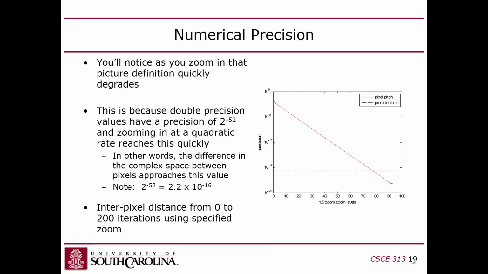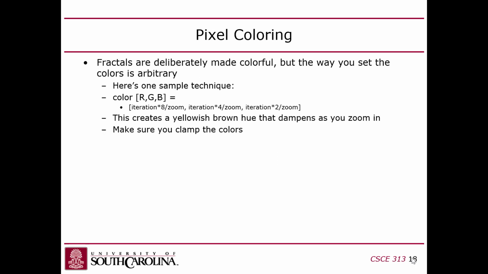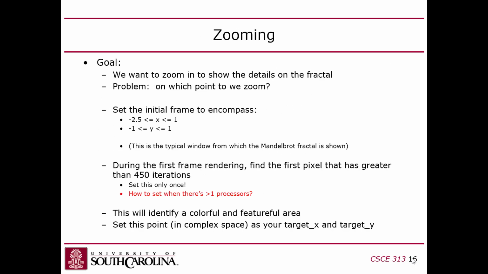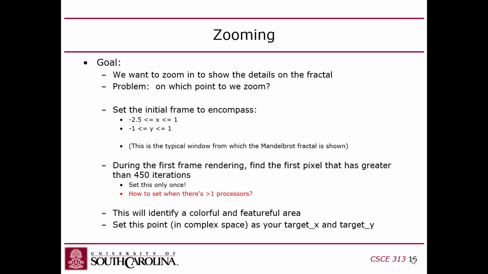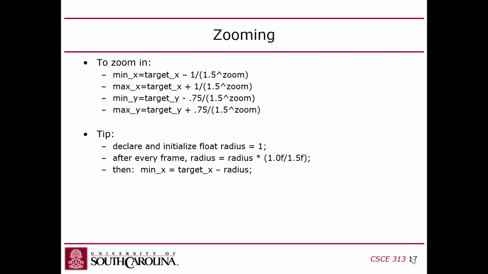You'll start to lose the ability to distinguish between one pixel and the next one, right? So when does that happen? Well, with double precision, it would take about 80 iterations before the whole screen becomes one pixel. Okay. So, but that won't be an issue. This will be a little too slow, I think, unless you guys are able to tune this code really well.